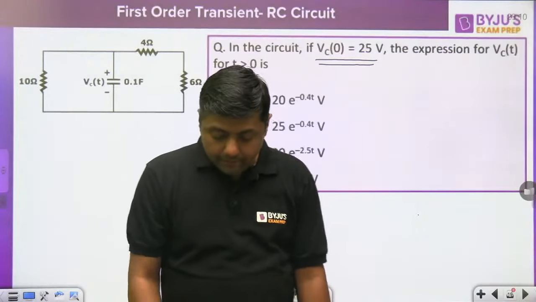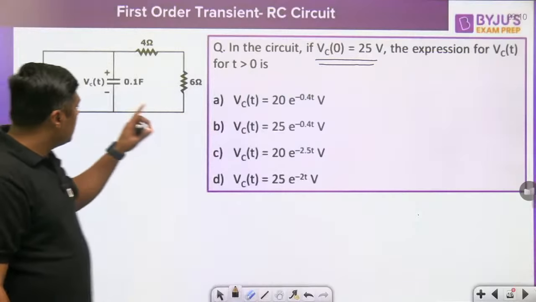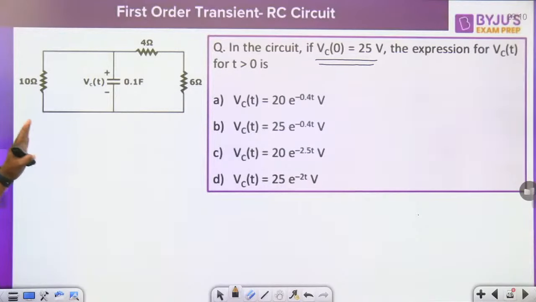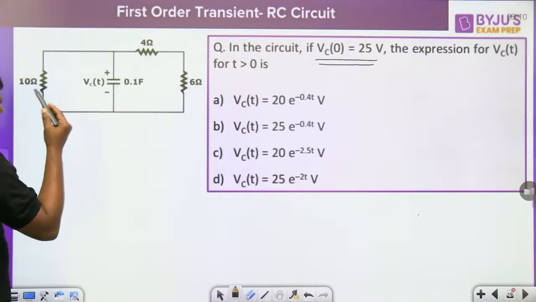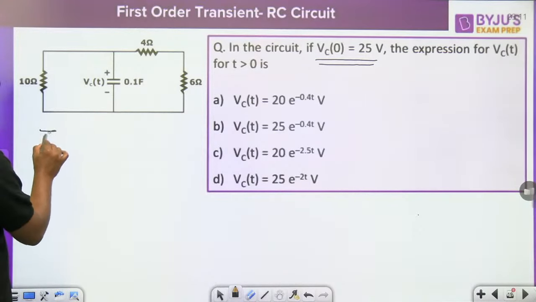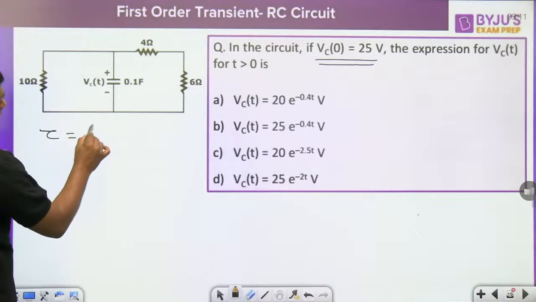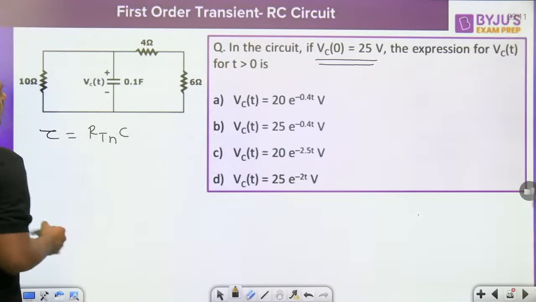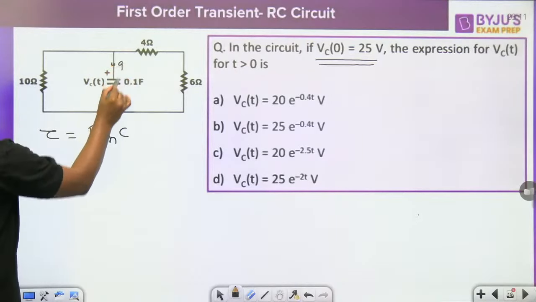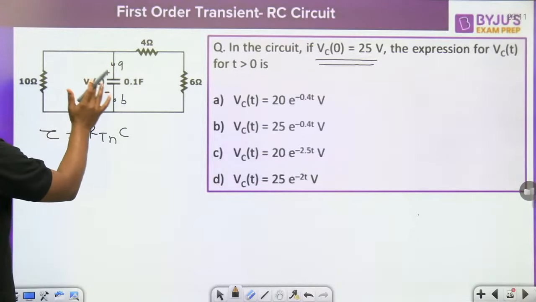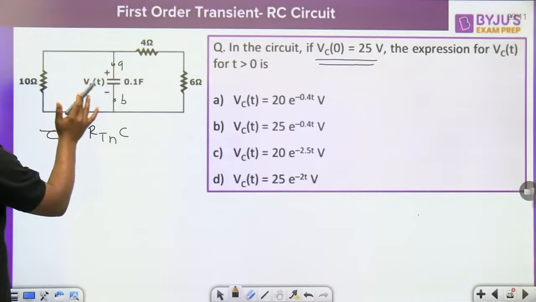Okay, then source free RC circuit means there is no source. Simply you have to calculate the time constant. What is the time constant? RTH into C. What is the RTH? First of all, remove this capacitor, like this is A and this is B. So across A and B, find the RTH.